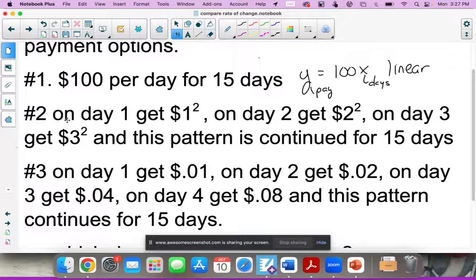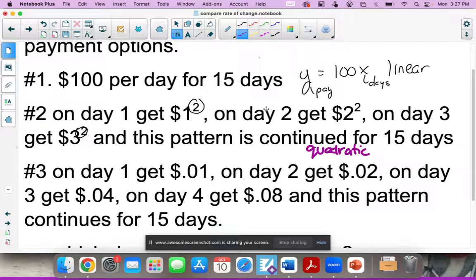Okay, so my second option, on day one, I'm going to get $1 squared. And there's your clue of what kind of function it's going to be. On day two, you're going to get $2 squared, which is $4. On day three, you're going to get $3 squared, and you're going to get this pattern for 15 days. Since it has squared in it, we know it's going to be quadratic.